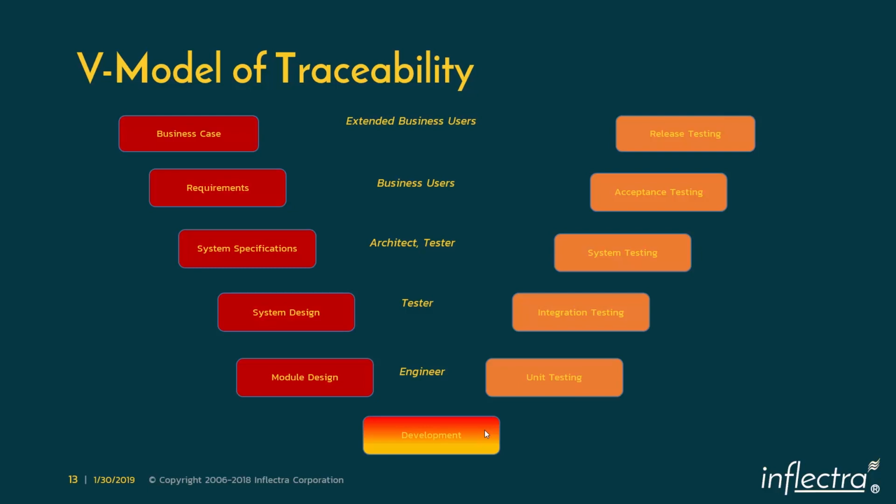Starting with development, the engineer is responsible for the modular design and ensuring there are proper unit test frameworks to confirm the requirements are being met. As we develop multiple modules, the system should work together, and that is integration testing, which needs to be done by a tester, automated or manual.